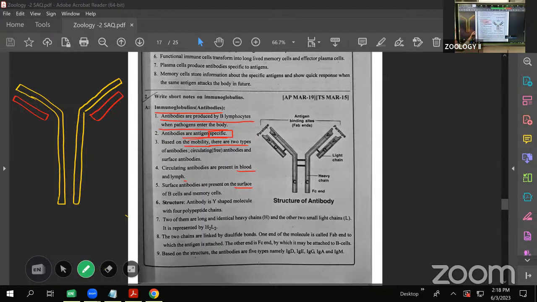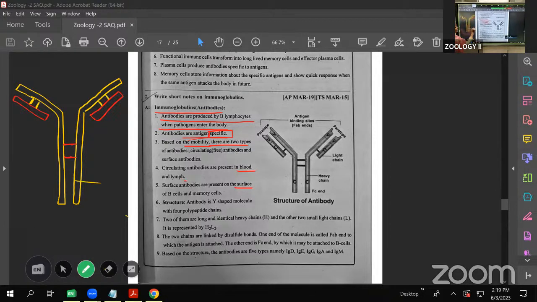Next, mainly between them the disulfide bonds are present. Between the heavy chains the disulfide bond is present. Here like this, and here also. The disulfide bonds are present, and this is called a heavy chain.